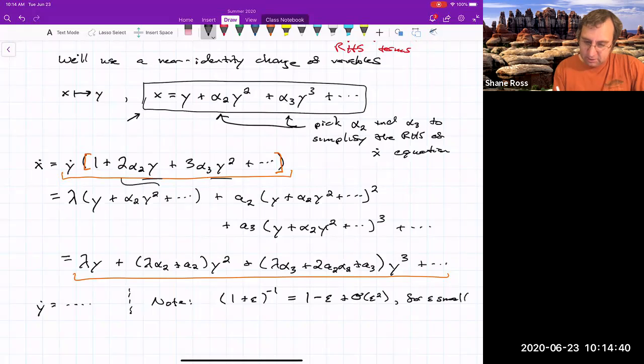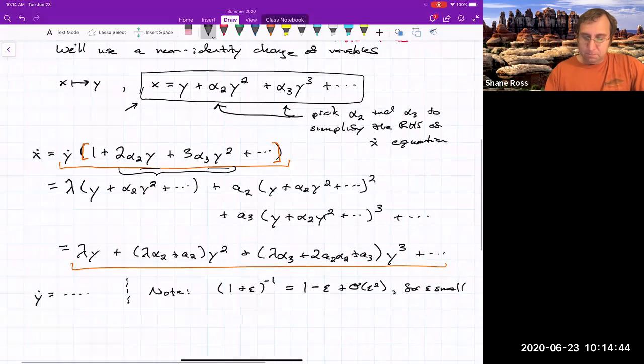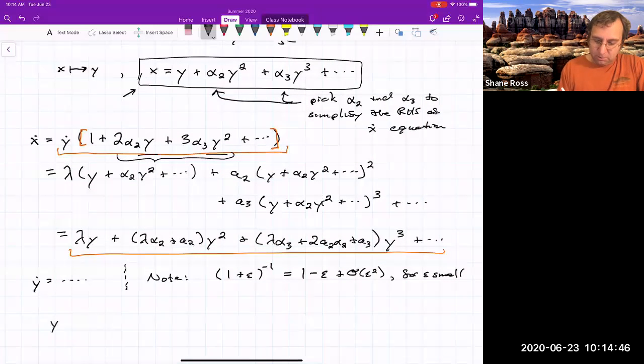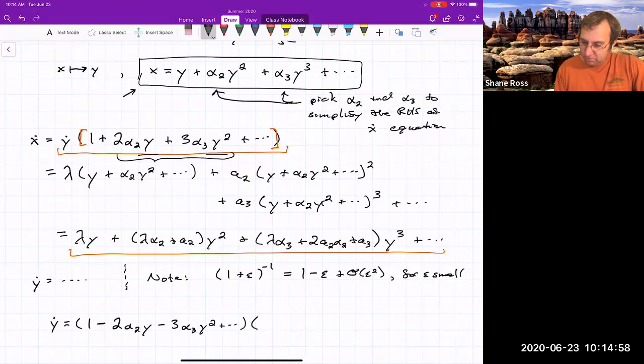So in this case, these terms up here are epsilon. So that allows us to write y dot equals 1 minus 2 alpha 2 y minus 3 alpha 3 y squared times lambda y plus lambda alpha 2 plus a2 y squared, and so on.